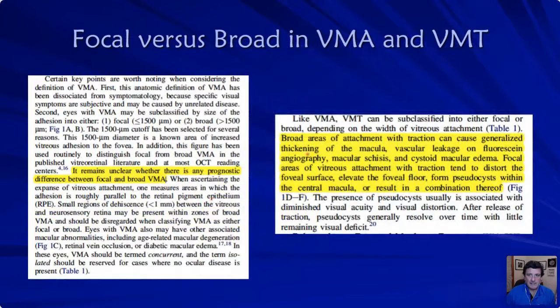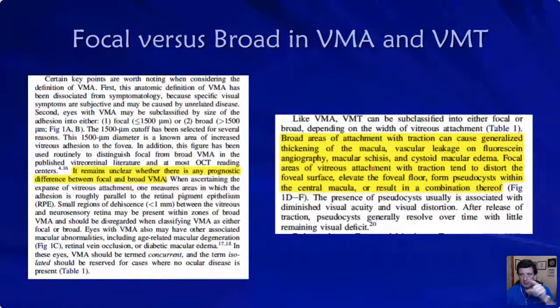And it remains for the vitreomacular adhesion, whether it's focal or broad, is there really any prognostic ability? So vitreomacular adhesions, you can call them focal, you can call them broad, but it doesn't really matter. When you get to vitreomacular tractions, the ones that are focal are the ones that can lead to greater issues.